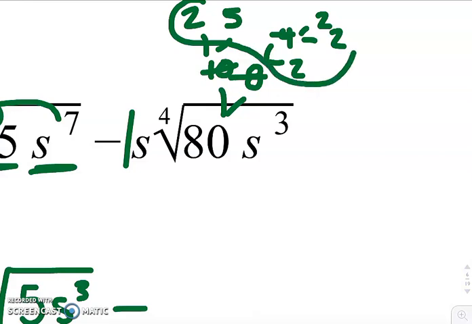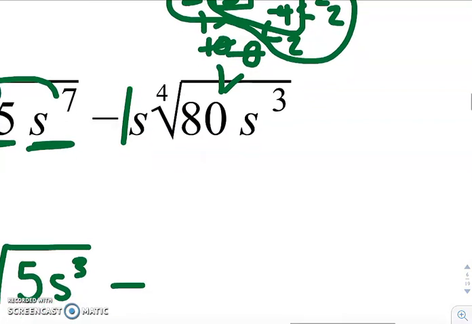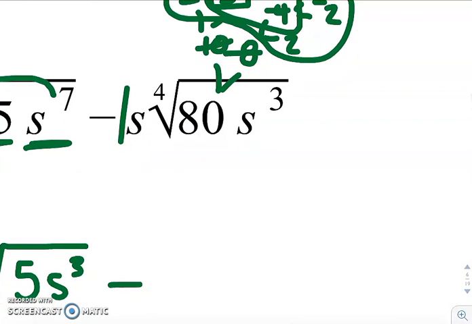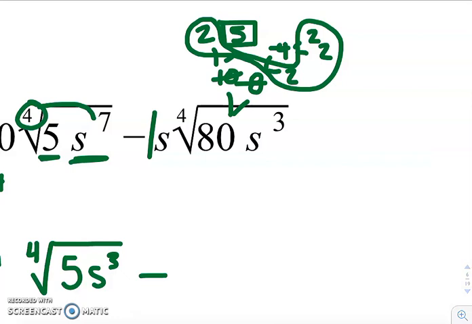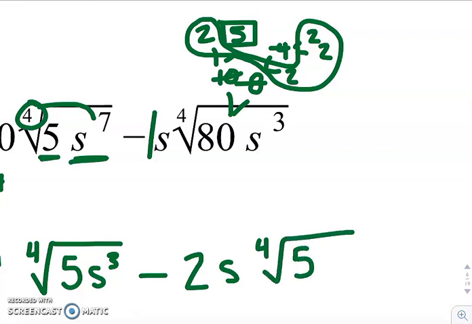So we have a group of 4 2's, and the 5 is left. So that 2 is going to come out with that s. 5 is left. Okay. How about s to the third?